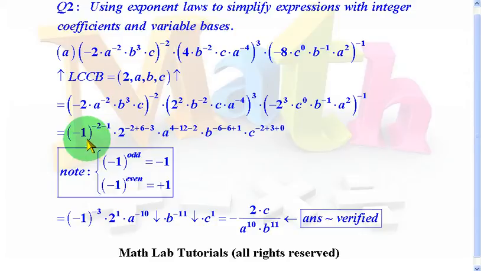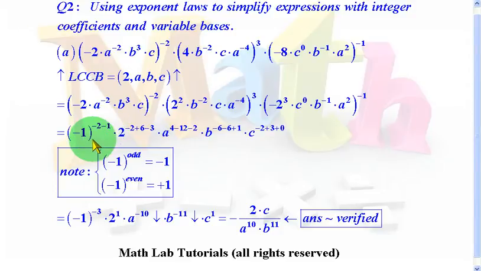Or the way I do it over here is I consider the minus sign to really be another base called negative 1. So let's adopt that stance that the negative sign really means negative 1. If that's the case, then we have negative 1 over here, all to the power negative 2, and negative 1 over here, all to the power negative 1. So altogether we have negative 1 to the power negative 2 minus 1.